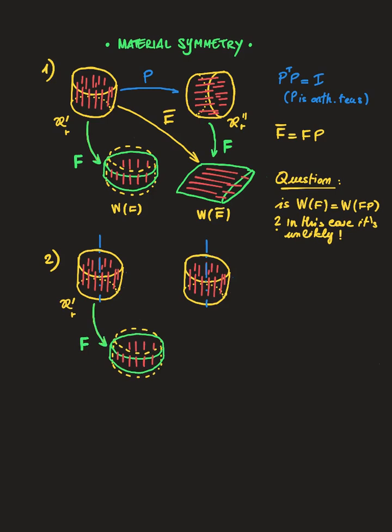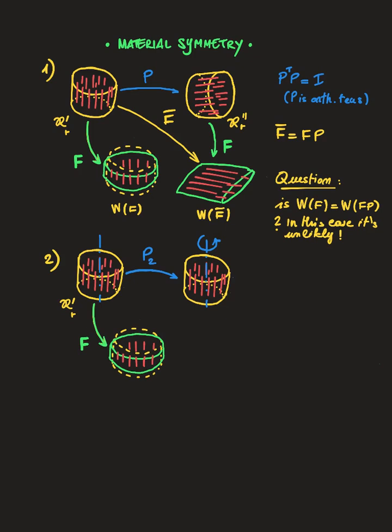In this case, the P that brings me to this configuration, to avoid confusion, let me call it P2. In this P2, essentially I've just rotated the body along its axis. So in other words, the fibers are always in the same direction.